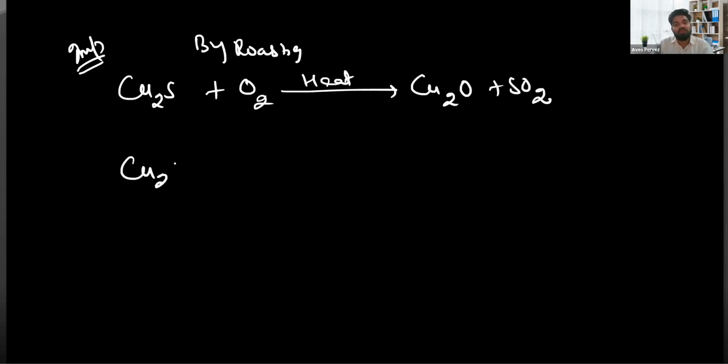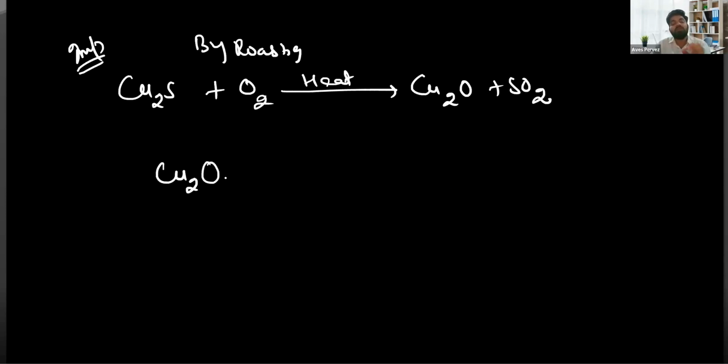But if you try to heat Cu2O alone, it will not give you Cu and sulfur dioxide like silver did. It needs some reducing agent, and we could use carbon for this.